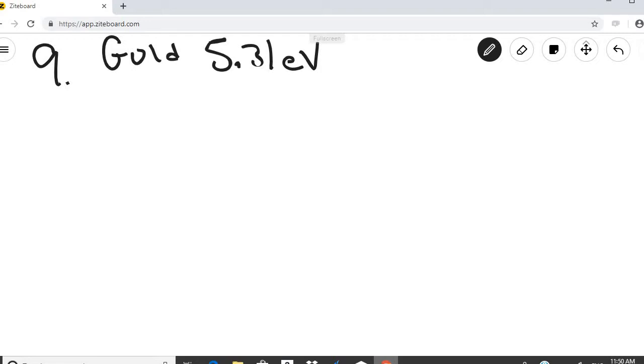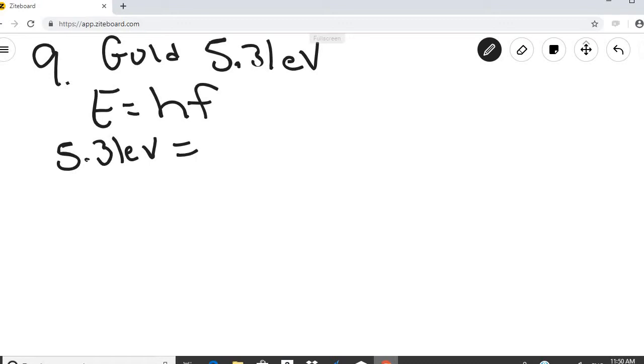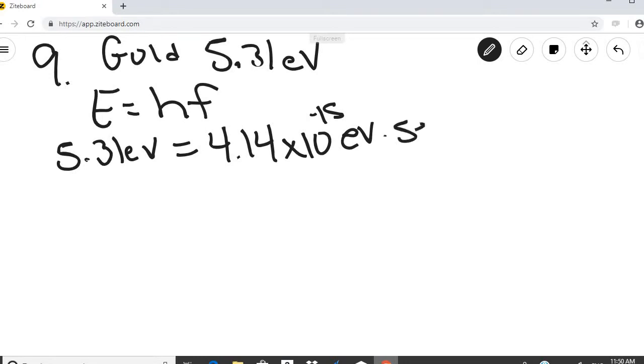Okay, so we know that E is equal to HF. So the first question we want to ask, what is the lowest frequency to liberate the electrons from the metal? Okay, so we are given that the energy is 5.31 electron volts. You will be given Planck's constant, 4.14 times 10 to the negative 15, and that's electron volts times seconds.